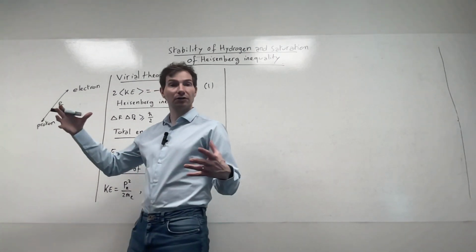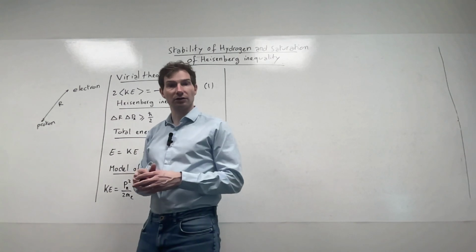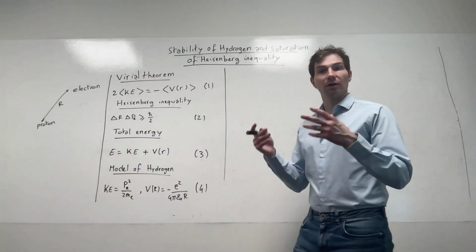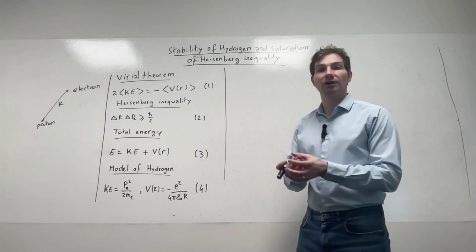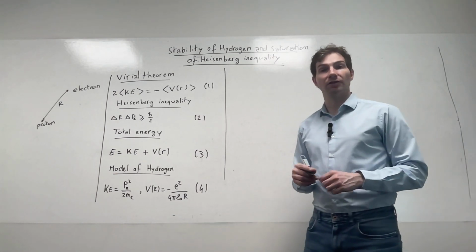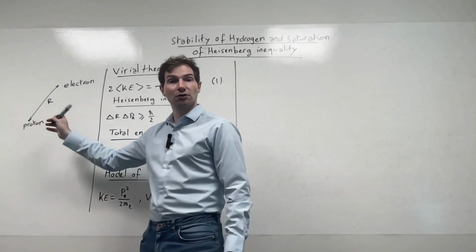Here we're only looking at a momentum and a coordinate which has to do with the radial direction. So in this context, we assume that the potential of interaction between the electron and proton is only dependent on the radial coordinate, the distance between the two.